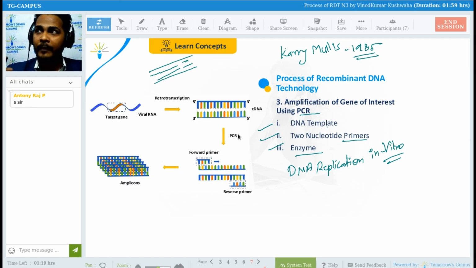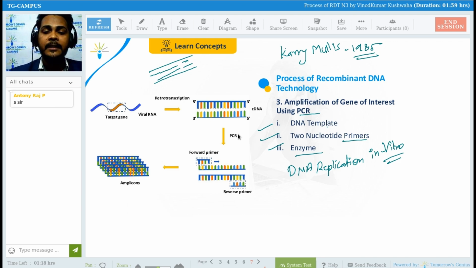Now here you can see, the DNA template that contains one or more target DNA molecules to be amplified can be taken as a template. Like your gene of interest, you can take either one particular gene or particular DNA, or you can take multiple copies of the same.